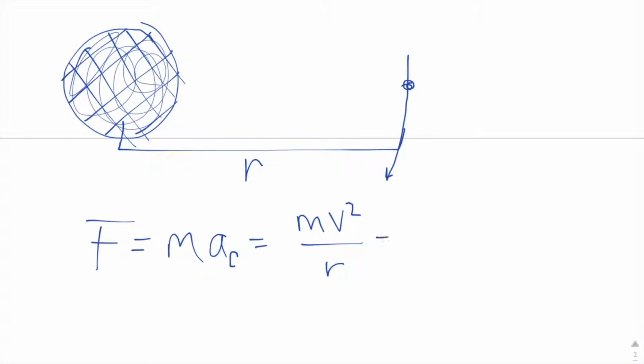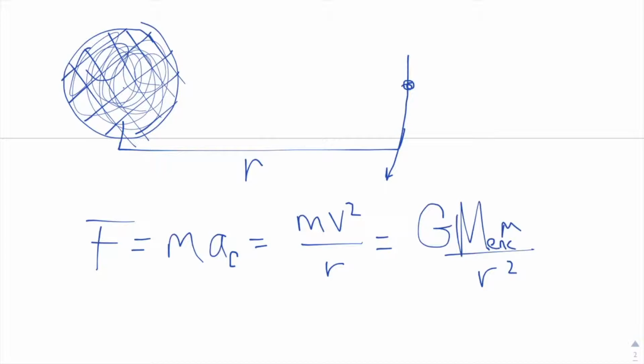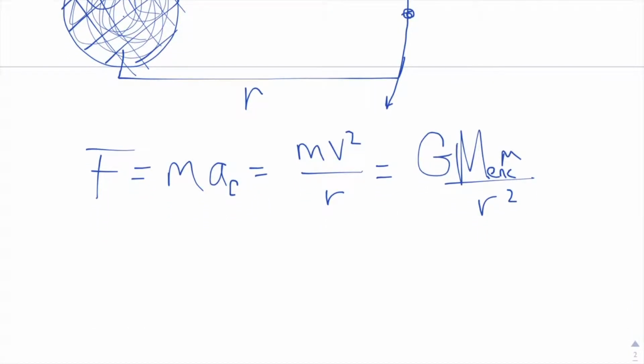We also know that because the only force on this object is due to the mass inside it, we can say that this equals G big M little m over r squared, where M is the collective mass that is pulling it inside. So it's basically the mass enclosed by this radius. So if we solve this equation, we get v equals the square root of G M enclosed over r.